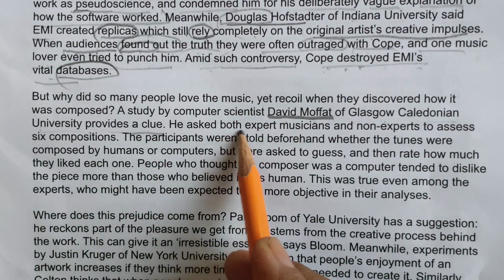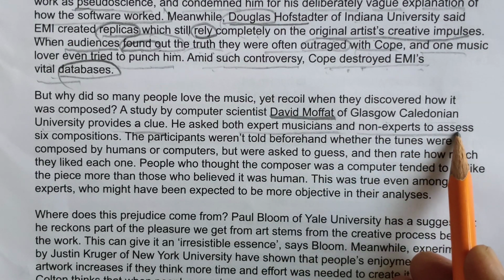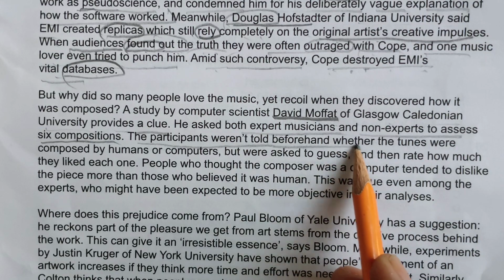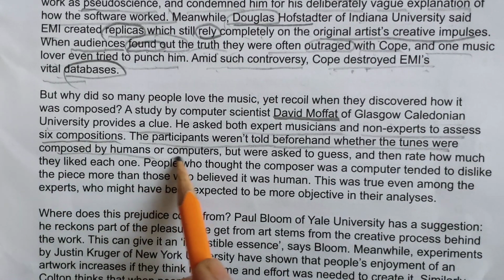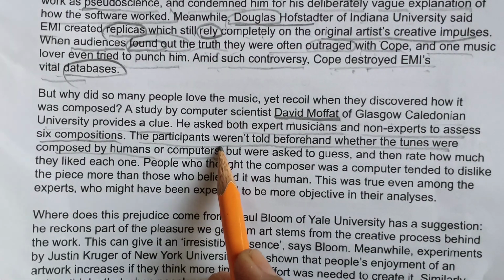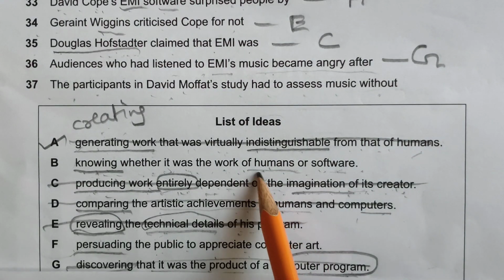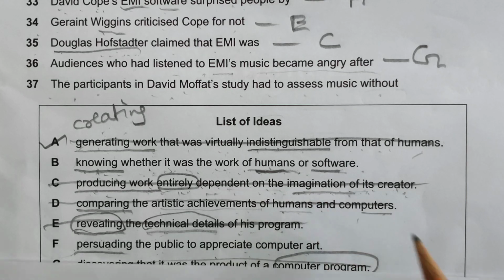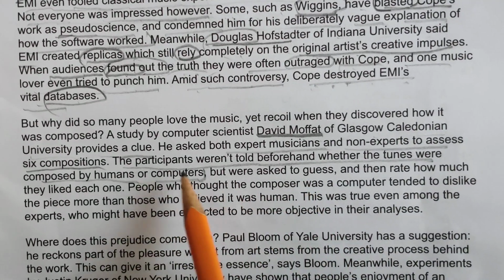He asked both expert musicians and non-experts to assess six compositions. The participants weren't told beforehand whether the tunes were composed by humans or computers. Yes, humans or computers is given: knowing whether it was the work of humans or software. Yes, it is clear, this is the answer.